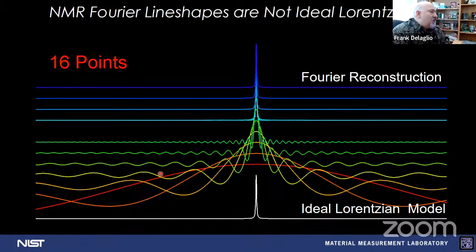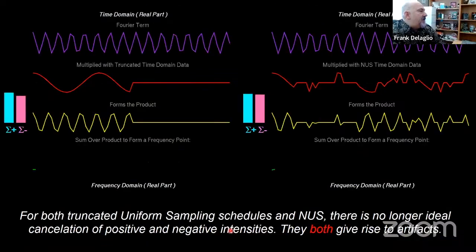And this gives us one of the motivations for why we would want to model data in the time domain instead of in the frequency domain, because in the frequency domain, we have to account for whatever spectral processing was applied to the data.